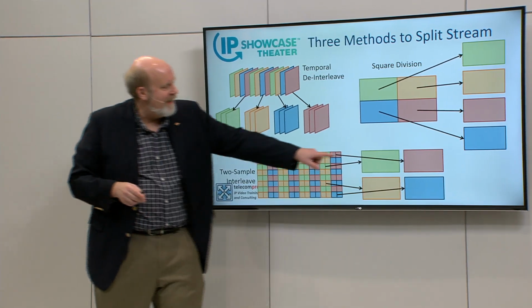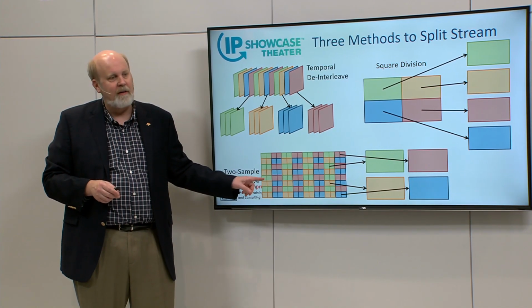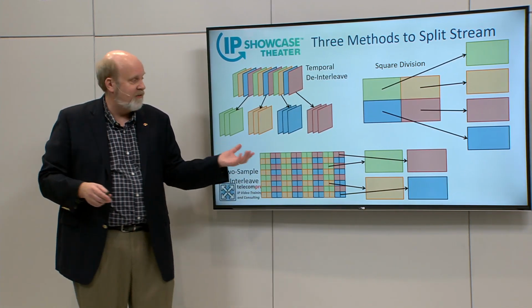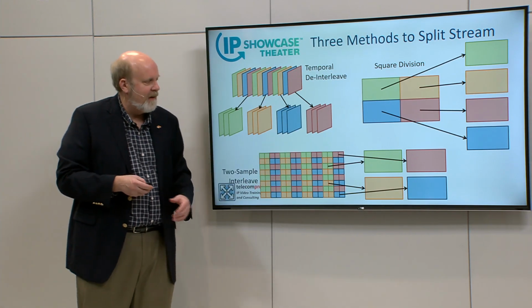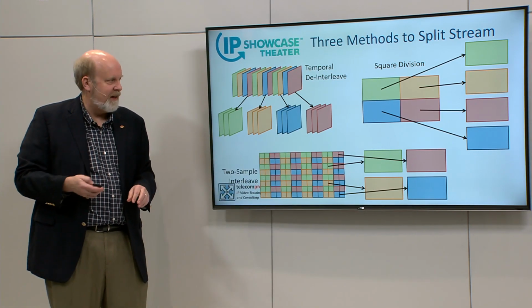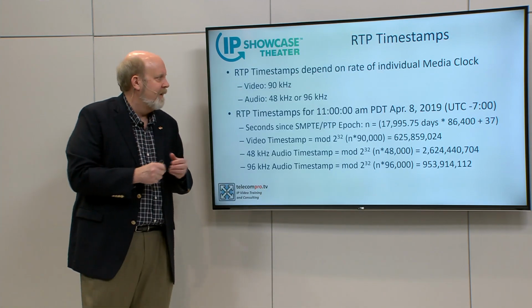But the cool thing is that each one of these pictures is going to look an awful lot like the original picture on the screen. It's going to look basically the same because we're just downsampling it. It's going to be lower resolution, but each one of those 4 pictures is going to look the same. So, RTP timestamps, a quick note on that.